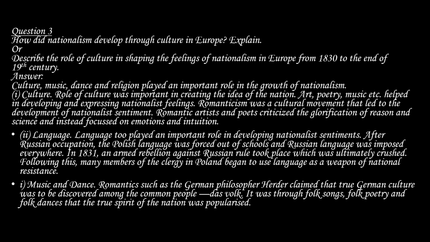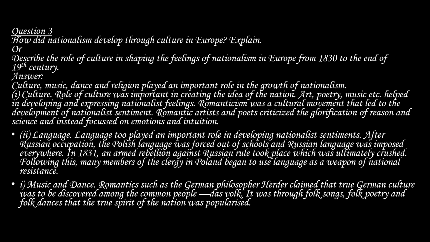And next question is, how did nationalism develop through culture in Europe? Explain. Or describe the role of culture in shaping the feelings of nationalism in Europe from 1830 to the end of the 19th century. Answer is, culture, music, dance, and religion played an important role in the growth of nationalism.